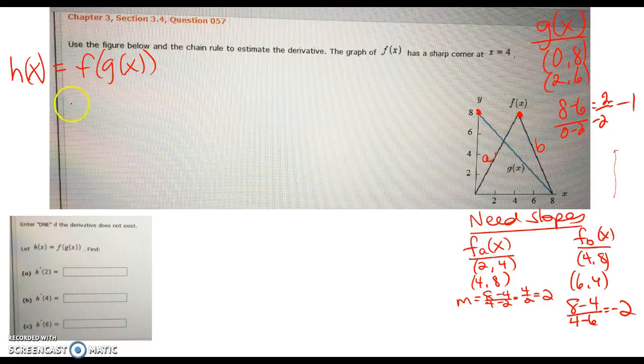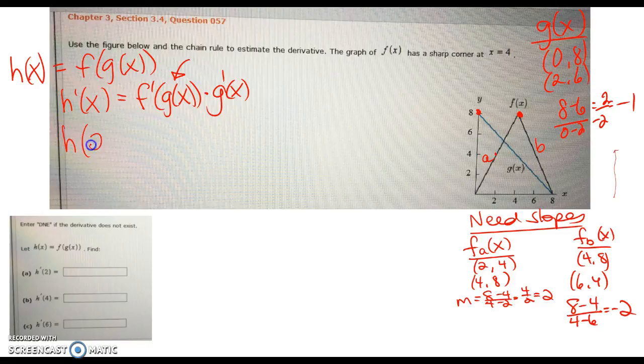Think of it as a chain rule. The first thing we do is take the derivative of f, with that g of x inside, and then we take the derivative of the inside, which is g of x. So at each point here, we're going to plug in what we know from our slopes over here, because the slopes are the derivatives, aren't they? Alright, so let's try h prime of 2. That means we need the derivative of f at g of 2 times the derivative of g at 2.